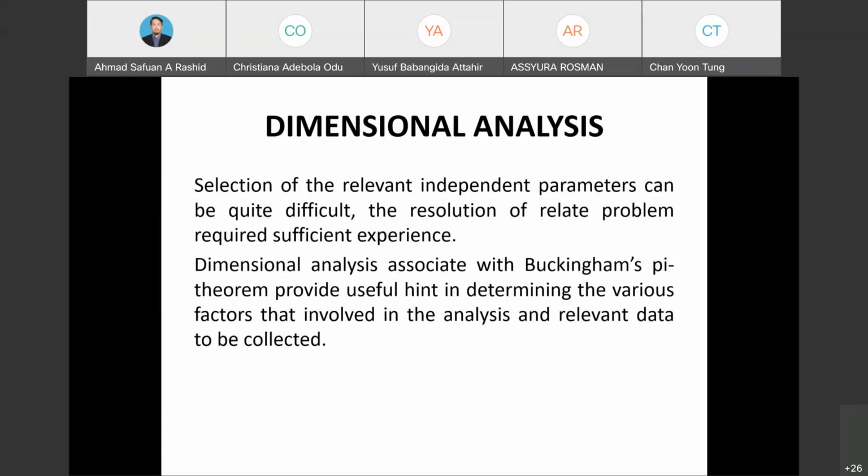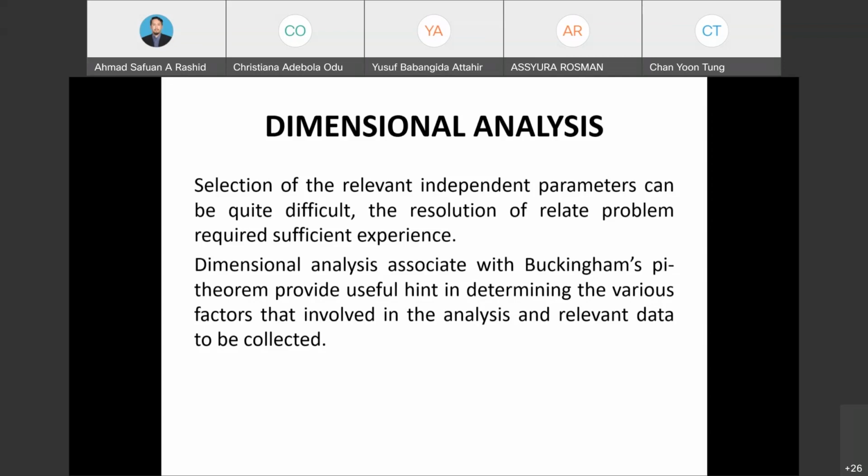If you want to look more at the B parameter, then some of your equations have a B parameter. So it depends on your intention. Dimensional analysis associated with the Buckingham Pi theorem provides useful hints in determining the various factors involved in the analysis and the relevant data to be collected.